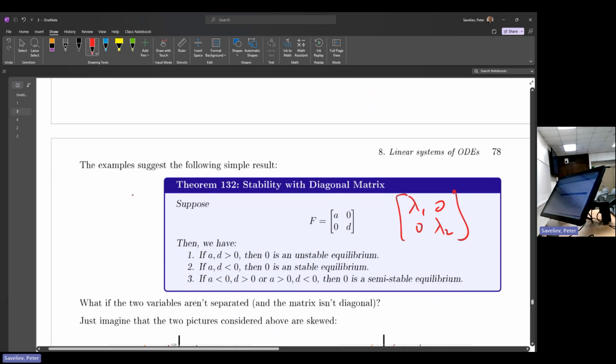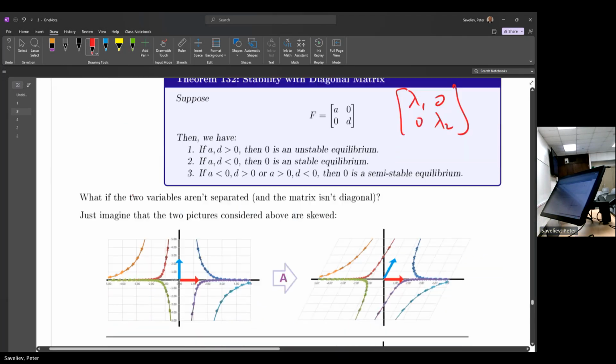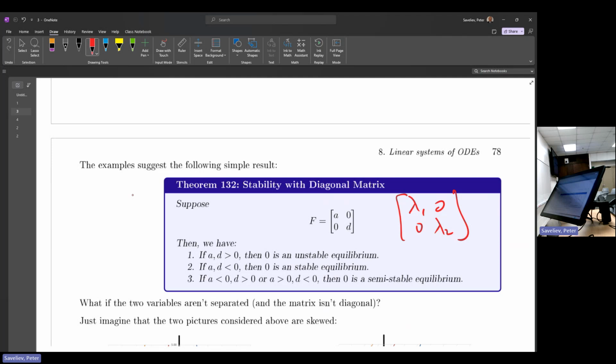When both of them are positive, then we have unstable equilibrium, running away. If both of them are negative, we have a stable equilibrium. And if they differ in signs, then you have a semi-stable equilibrium because they're running away from each other. One runs towards and the other away. So that's just the two examples that we have had. Now that's just an explanation for the record of what we have been saying.